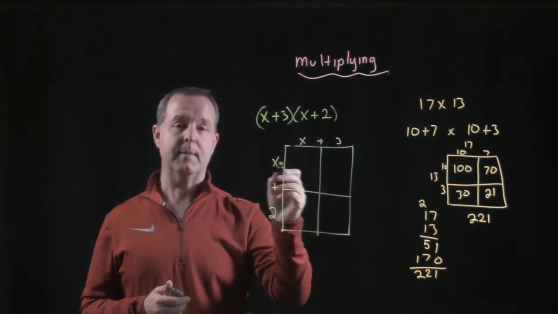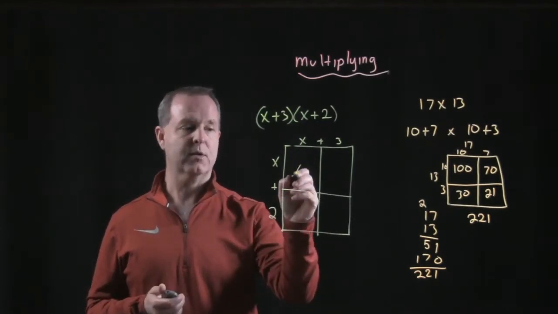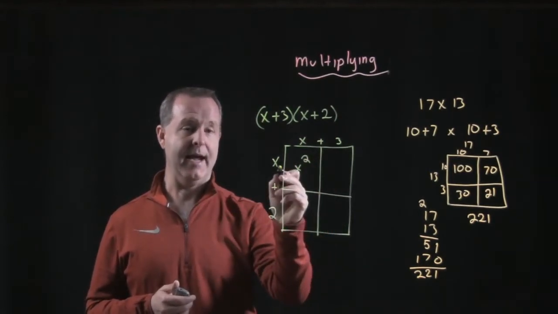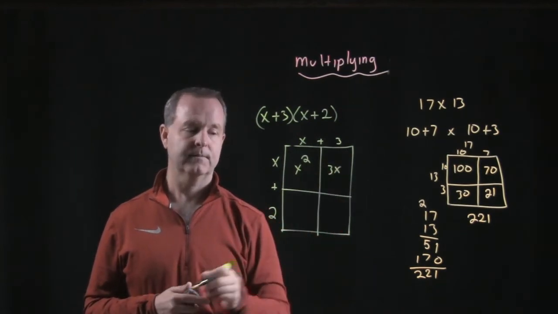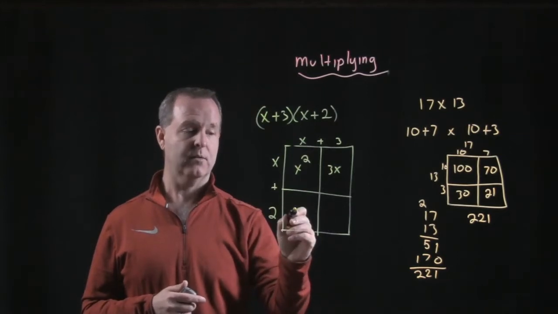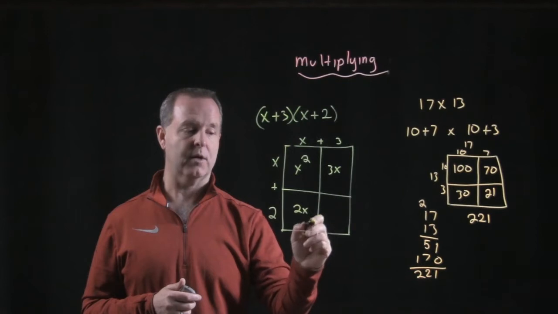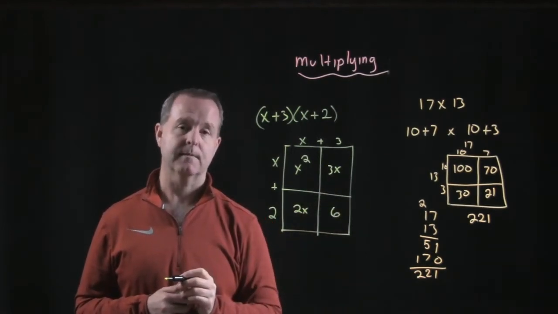This square right here is my x times my x, which produces x squared. What's the area of this rectangle? It has height x, length 3. That becomes 3x. This one right here has a height of 2 and a width of x, which becomes 2x. And this last little square, its dimensions are 2 by 3, which produces a 6.